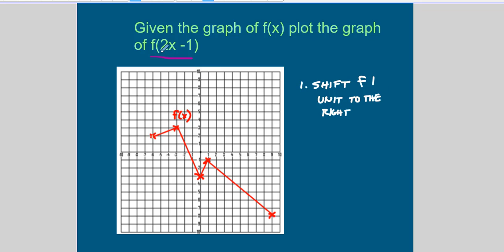And then this 2 is going to cause every point of this shifted function to get pulled in 1/2 the distance to the y-axis.